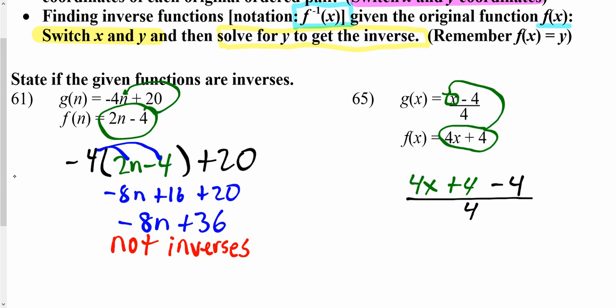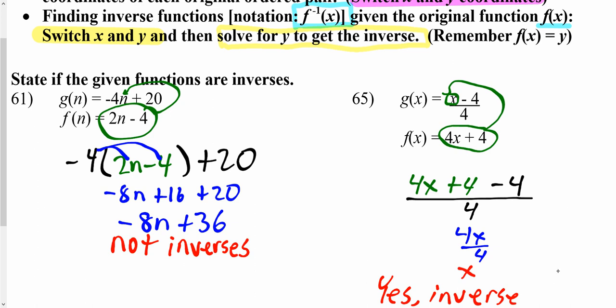You will notice on the top, your green plus 4 and your black minus 4, they cancel each other out. And that leaves you then with a 4x over 4, and you know 4x over 4, the 4's cancel and we get x. So we can say yes, they are inverses.